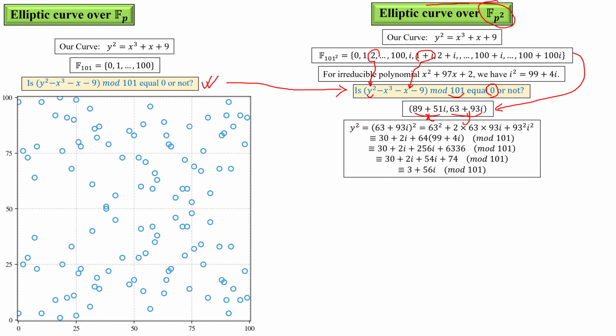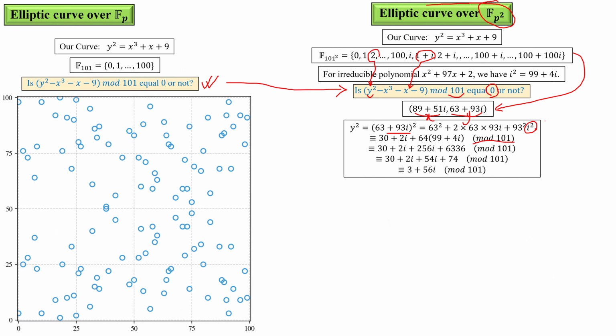So y to the power of 2 equals this one to the power of 2, and then you compute this and compute all of the values in mod 101. And also you need to replace the value of i squared, right?